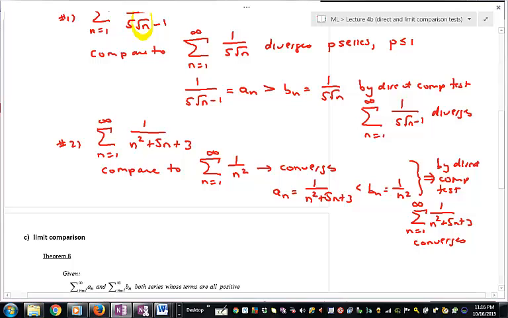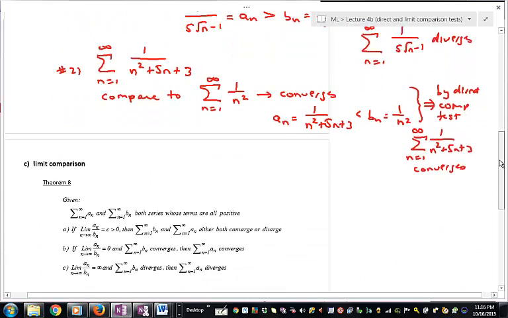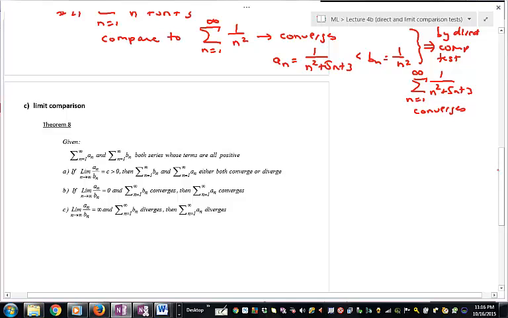Now, there are times when we'll have something very similar to this, and in fact I'll give you variations of these exact examples where we cannot use the direct comparison test because the inequality goes the wrong way. And let me show you what I mean. In that case, we're going to use this thing called the limit comparison test. The limit comparison test basically says the following. It says that we're looking at the asymptotic terms in the sequence.